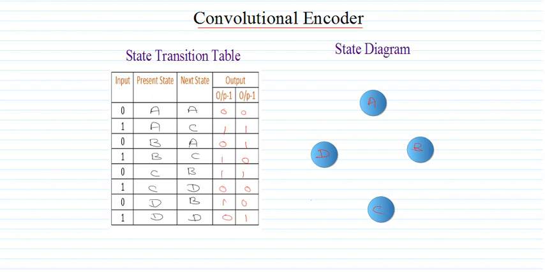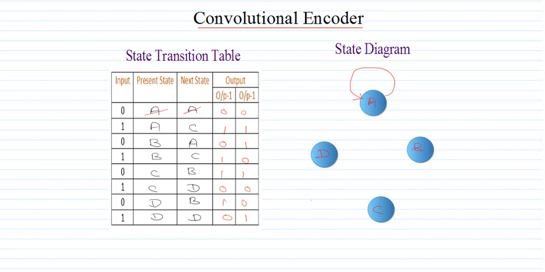Now let us look into the state transition table and construct the diagram. Observe here: when the present state is A, we are moving to the next state, that is A itself. That means if we are moving back to the same state, we will loop back like this.